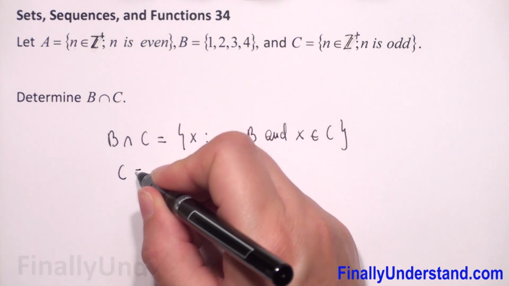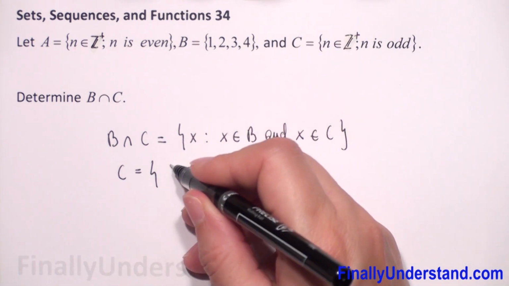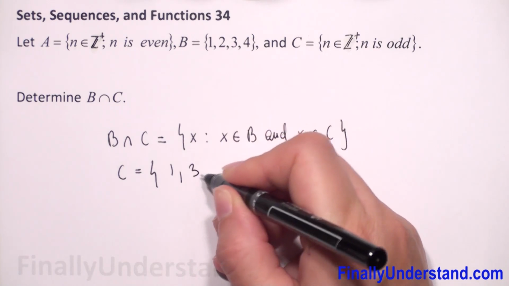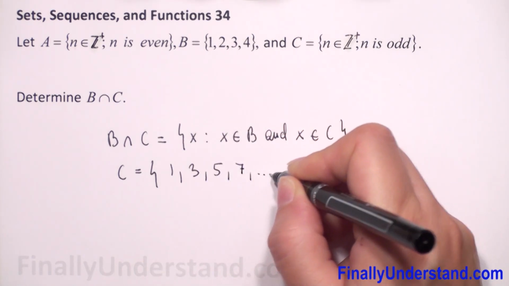So C has elements like, and of course we know that all the numbers I use for counting are positive integers. So we will have 1, 3, 5, 7, and so on.